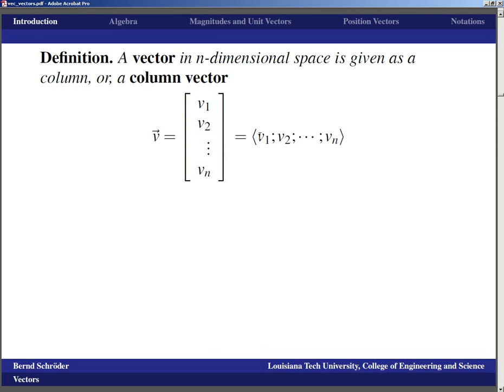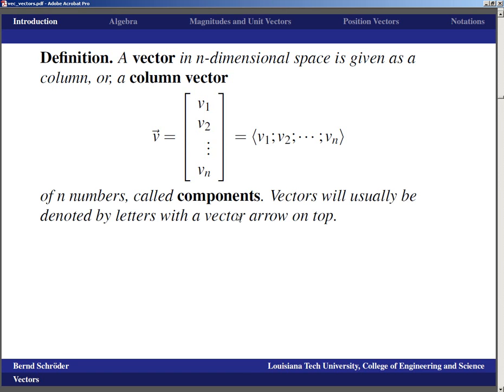It's also denoted with left angle bracket v1, v2, all the way through vn, separated by semicolons. So those are n numbers, and those numbers are called components. Well, okay, so we're looking at n dimensions again, and vectors will usually be denoted by letters with a vector arrow on top.